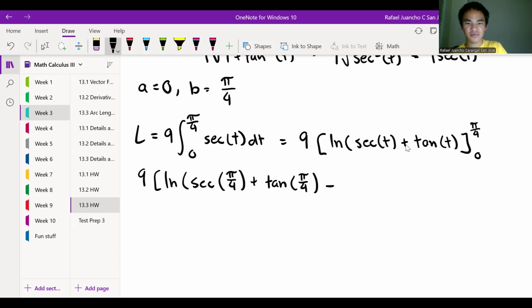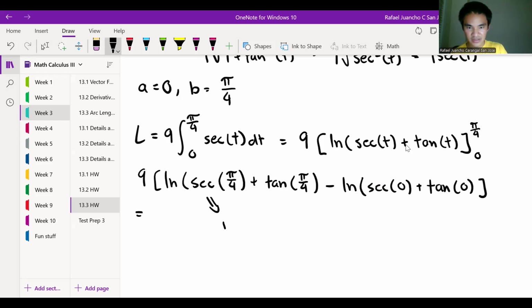So that thing minus ln of secant of 0 plus tangent of 0. Can I get a number now? Let's see. I don't have a secant button on the calculator.